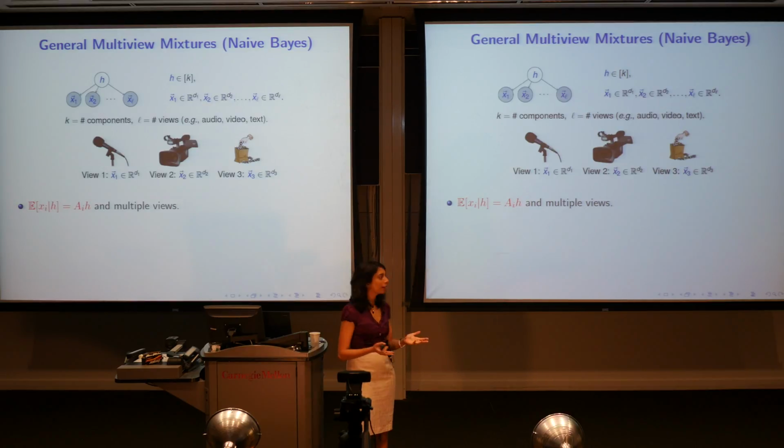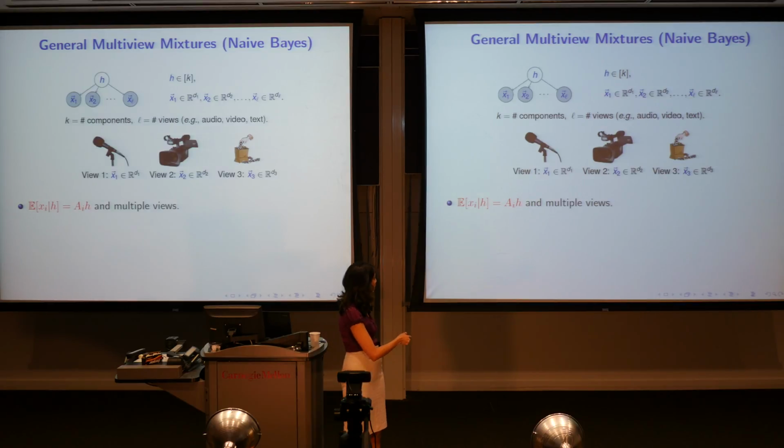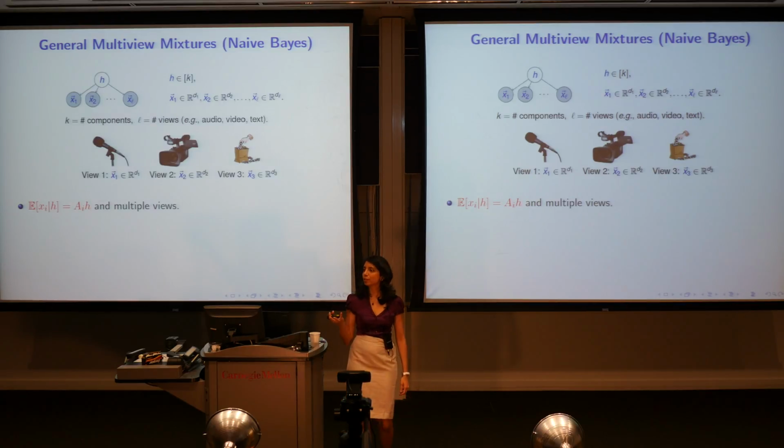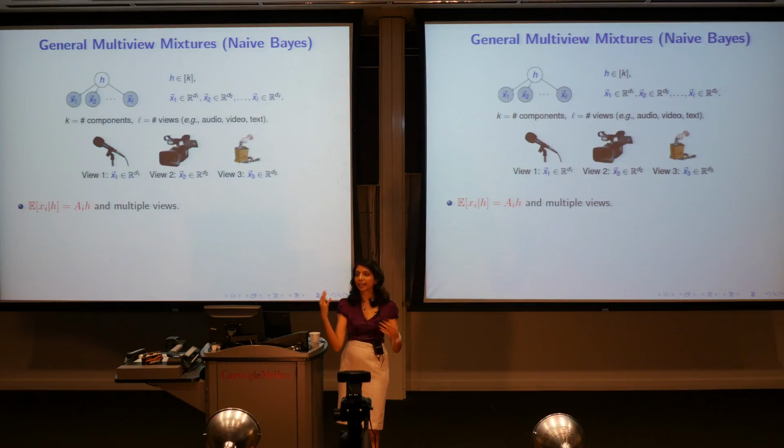We can generalize it further and instead have a model where the linear map for the different views may be different matrices, so think of different matrices A_i. And they could possibly even be of different observed dimensions. So you can think of modeling in many scenarios, for instance, where there may be audio, video, and text data all talking about the same phenomenon.